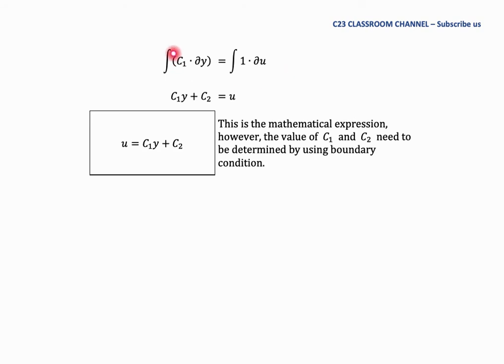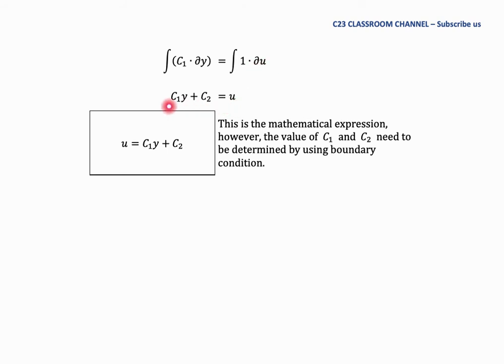solution. We integrate both sides, so the integration of c1 del y will give c1y, and we could have another constant value here, which we mark as c2. And the integral of 1 del u will give us u.